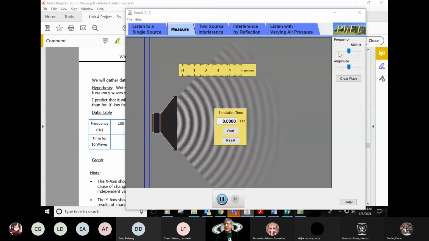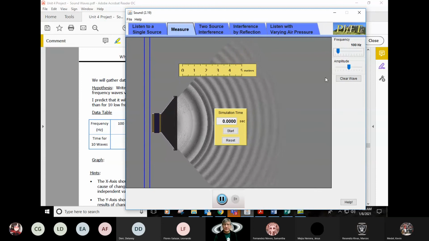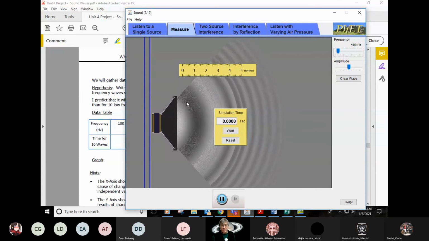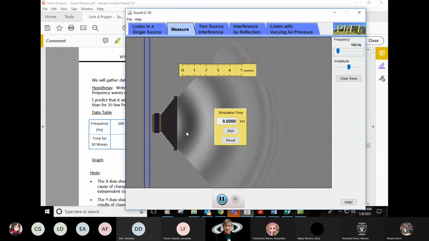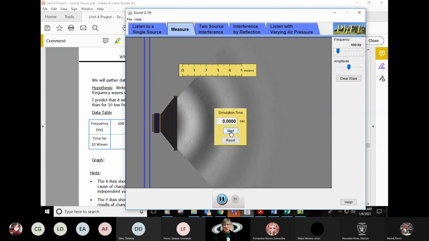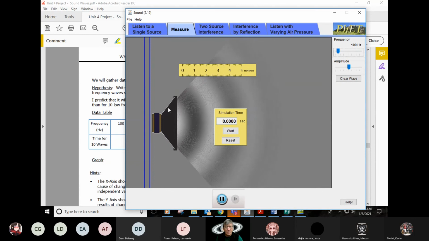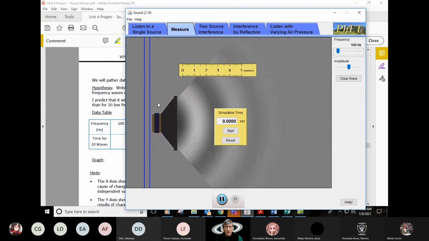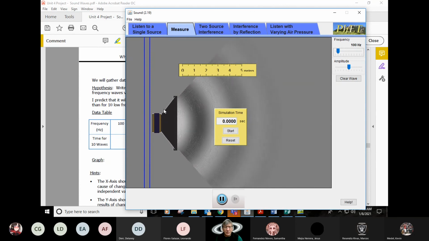So what I'm going to do is take this down to 100. And we're going to count how many black stripes, how many waves are released by this speaker once I start the timer. The way I'm going to do it is by looking at the pulses of the speaker itself. It should be the same however you count it, but that's what worked for me.